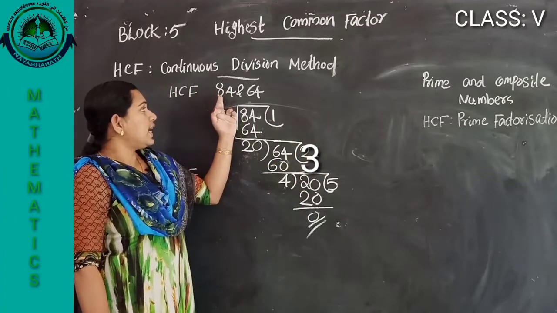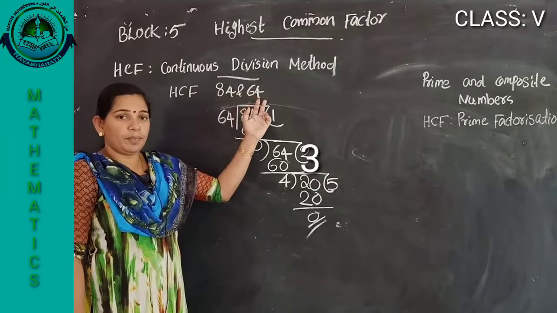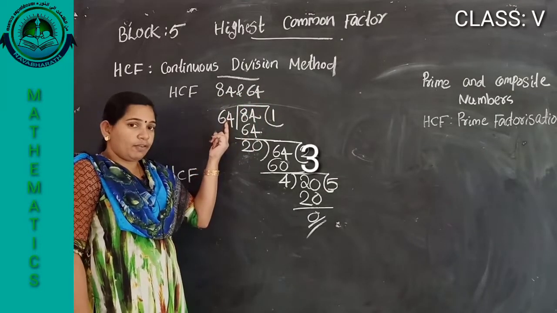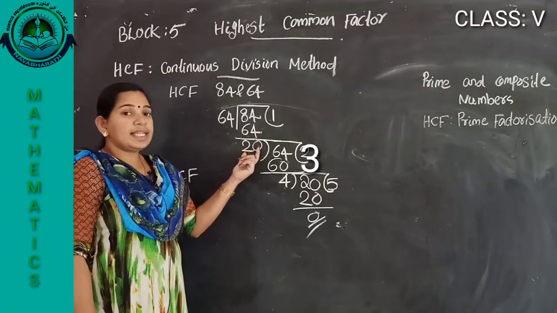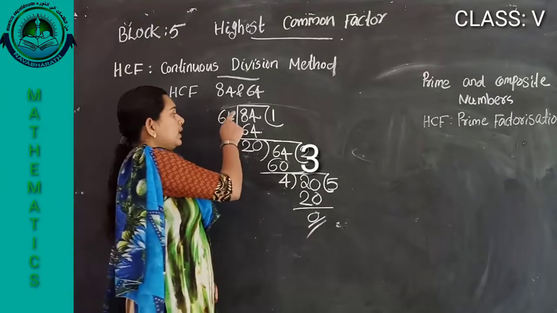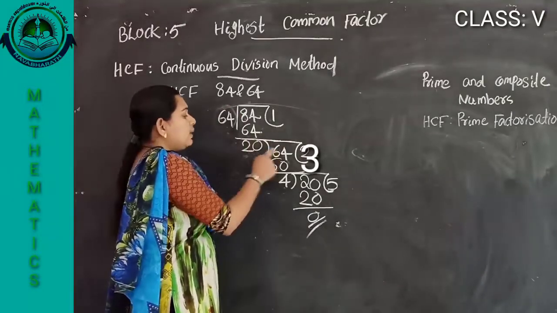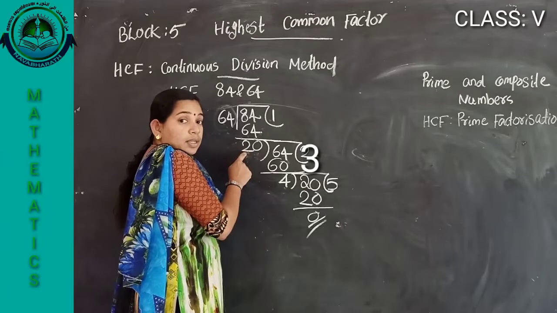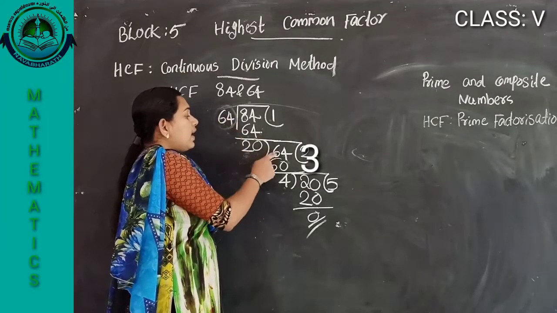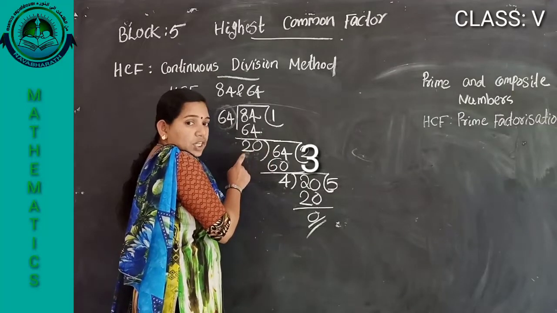Now we are finding the HCF of 84 and 64. First we divide 84 by 64. We get 20 as remainder. Then we divide this divisor by this remainder.